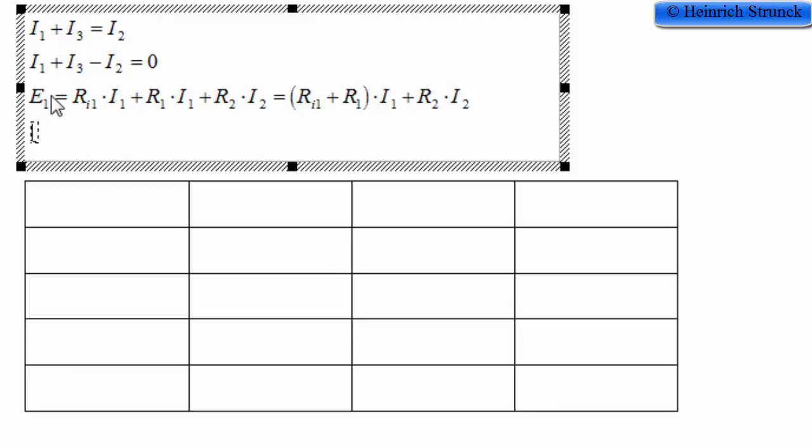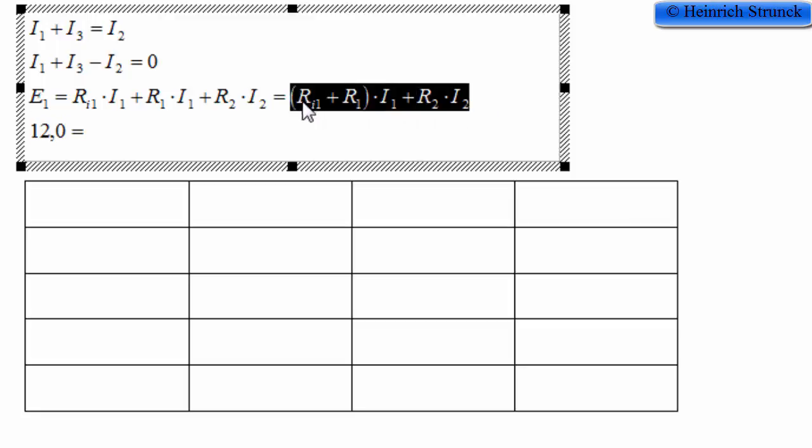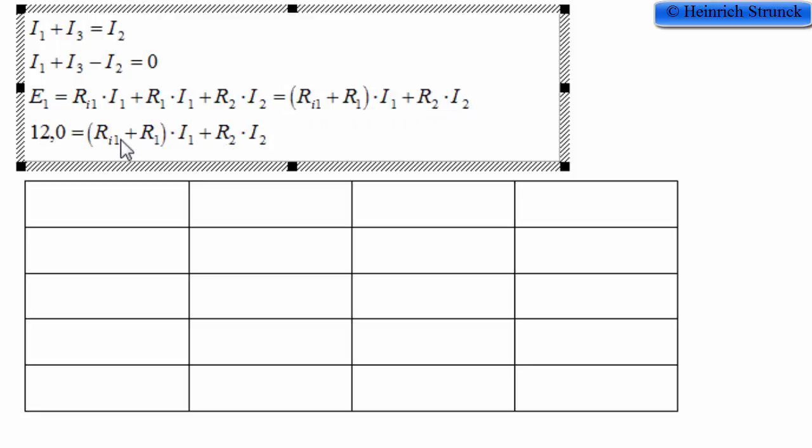Now I can put in the known numbers. We have the number for the electromotive force and the numbers for all the resistors. E1 was 12.0 volts. That's equal to, and then we just copy this one and put in the values for the resistors. The internal resistor for the supply on the left side is 2.0 ohm.